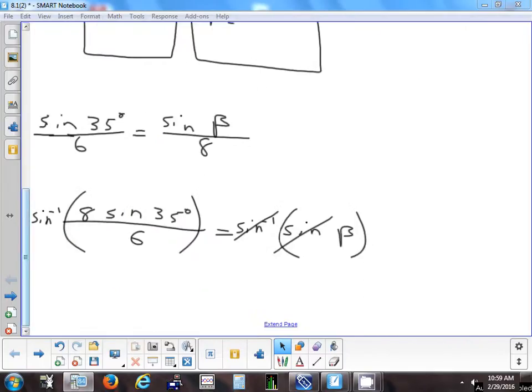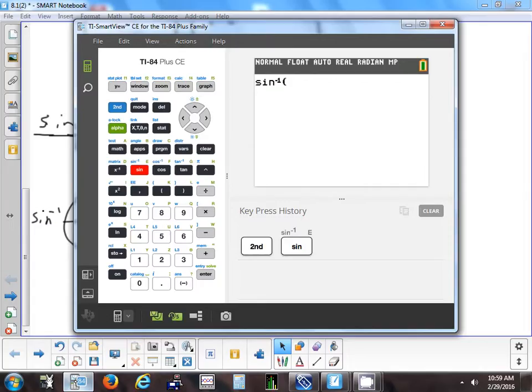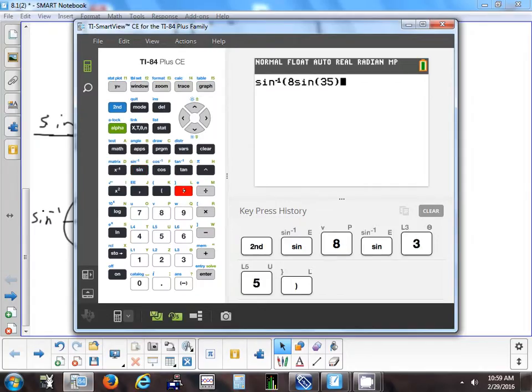So we'll type in second inverse sine. Now, 8 sine 35 over 6, but we're going to have to be careful with our parentheses. So we got 8 sine 35, and I need to close my parenthesis right there, over 6. Close it again for inverse sine. One more thing I want to check before I hit enter.